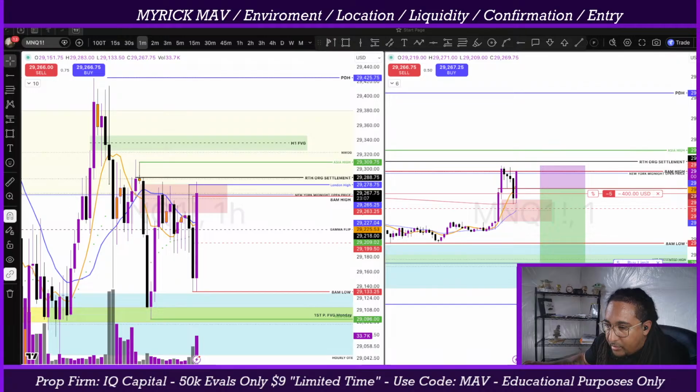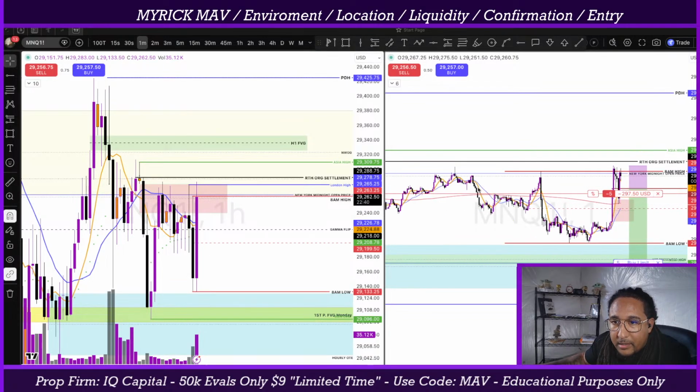So we're starting to pull back. There's a deep pullback there. Looks like some highs being engineered.